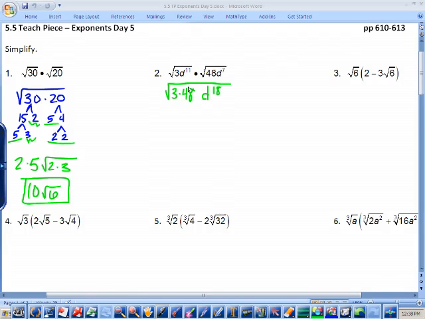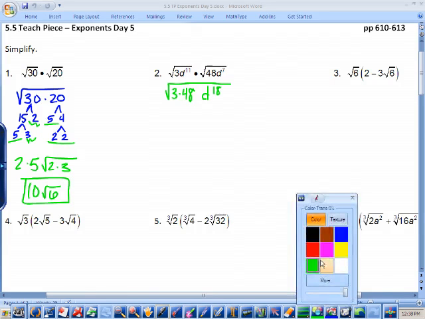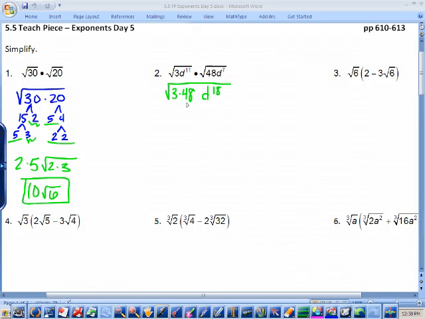All right, so I need to break down 48. I know that 48 breaks down into 3 and 16, right? What would be the benefit of choosing 16 here as a factor? Yeah, I already know it's a perfect square, right? So I can pull out a 4. What else can I pull out? Yeah, this is a 3 and a 3.